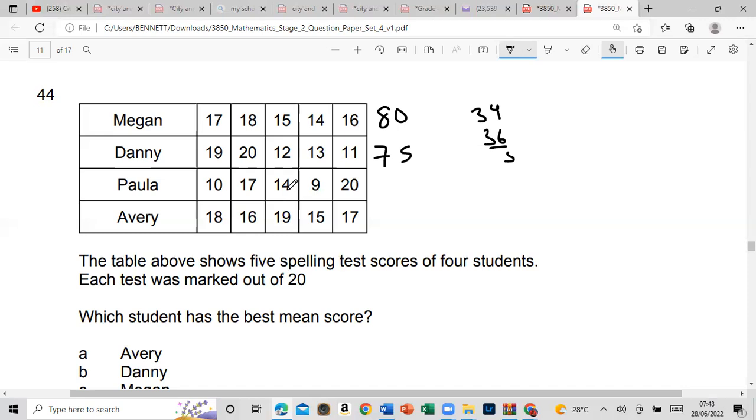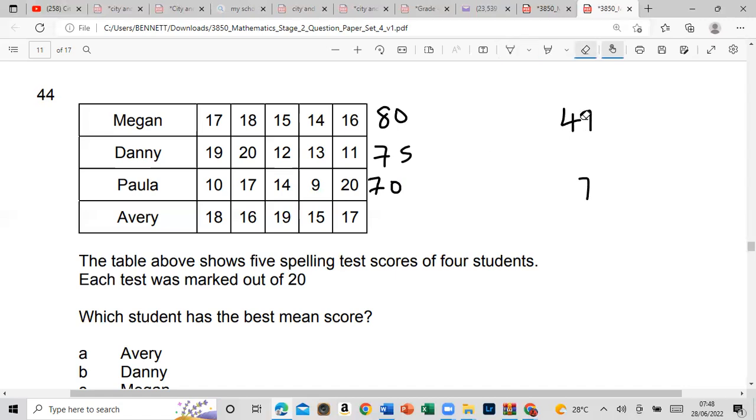47 and 23. 47, 20. So that was 70. Okay, for the last one, you see that this or this. All right, so 18, 19. Let me just add them, guys.